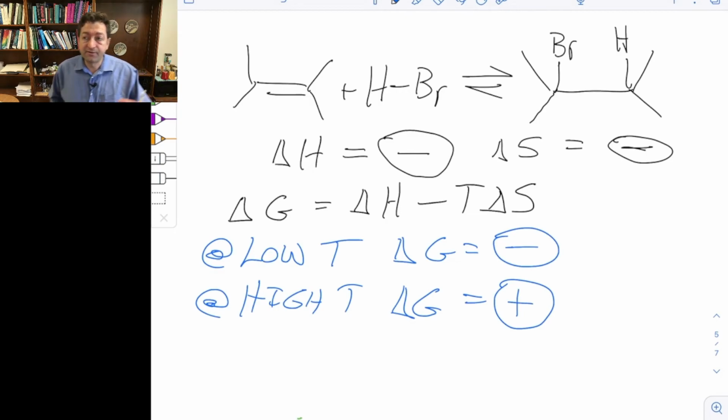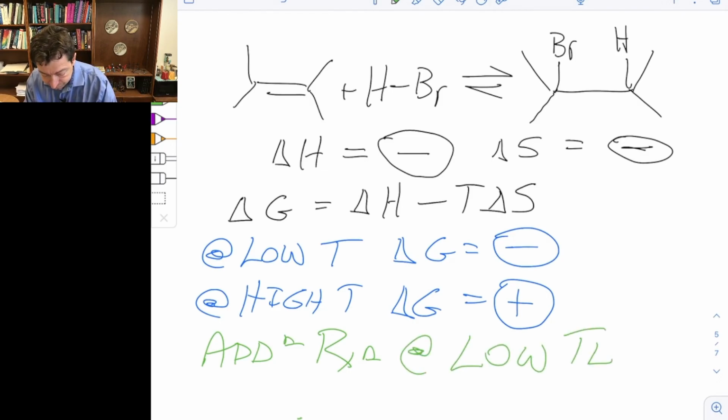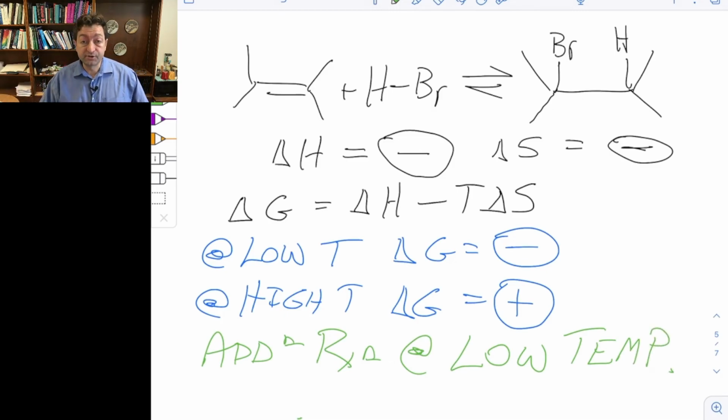So all of that thermodynamic consideration has a practical implication for the way we do these kinds of reactions. In general, we see that addition reactions we do at low temperature, and that's a direct consequence of the thermodynamic considerations, and in particular that entropy term.